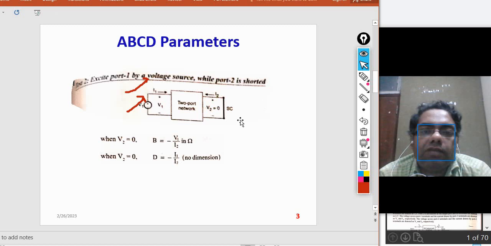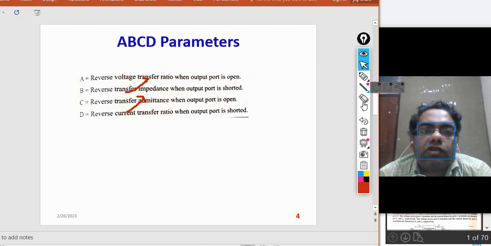In this way we can obtain the ABCD parameters, and that is how they are defined. A is the reverse voltage transfer ratio, B is the reverse transfer impedance, C is the reverse transfer admittance, and D is the reverse current transfer ratio, depending upon how we are doing it.